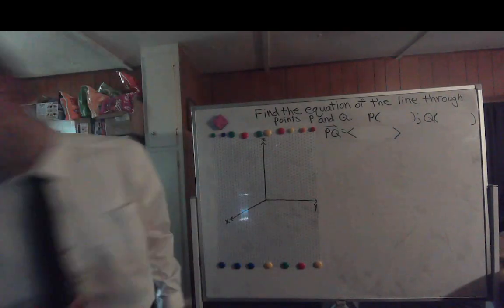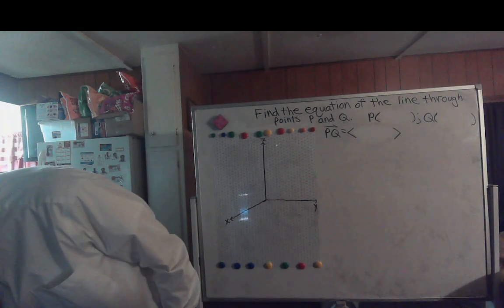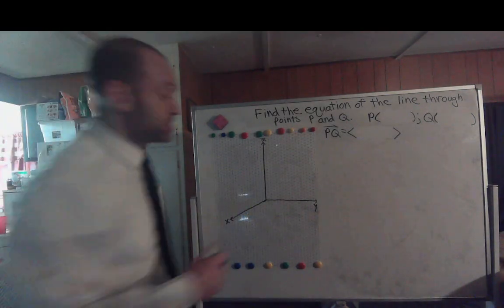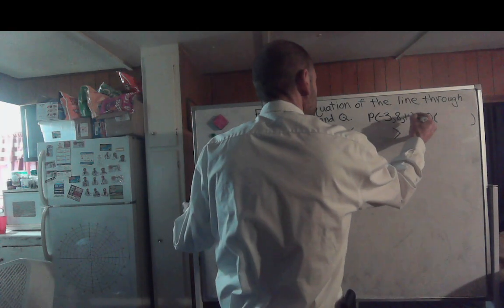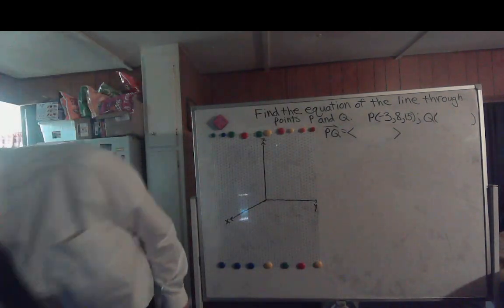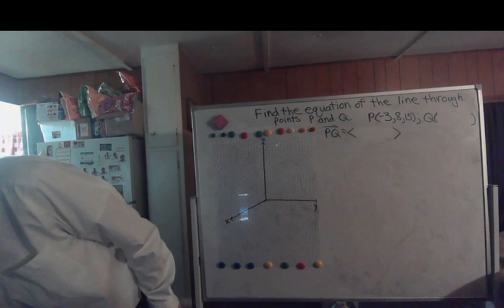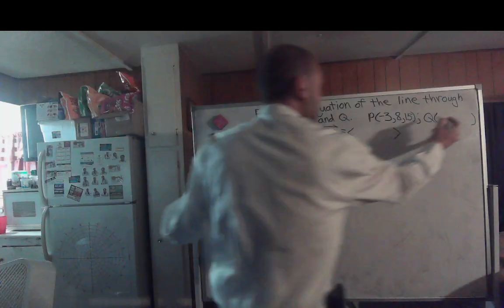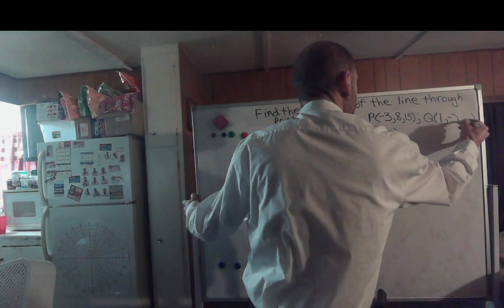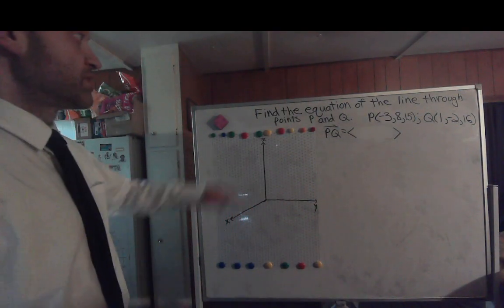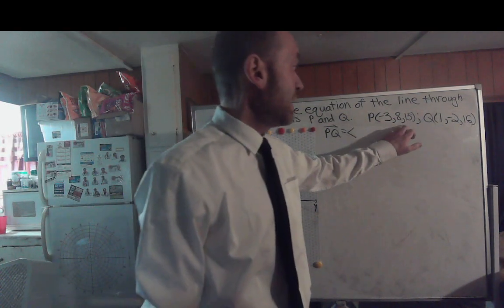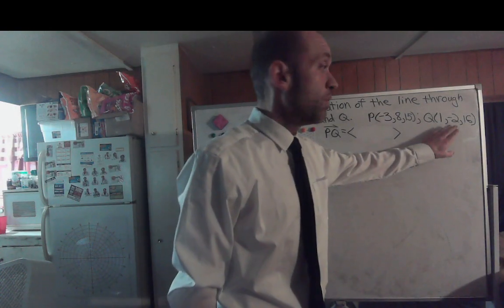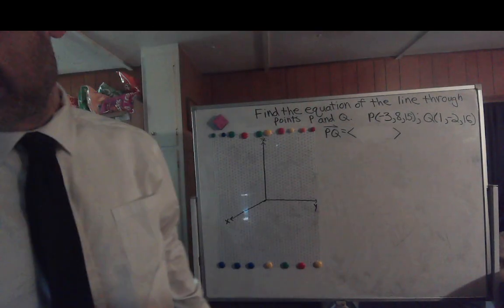So point P is going to be negative 3, 8, 15. Point Q is going to be at 1, negative 2, 16. So we want to find the equation of the line through points P and Q with point P at negative 3, 8, 15, Q at 1, negative 2, 16.